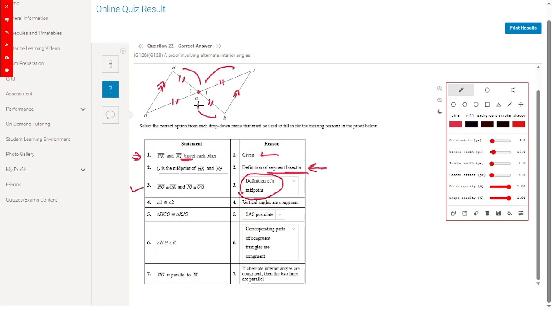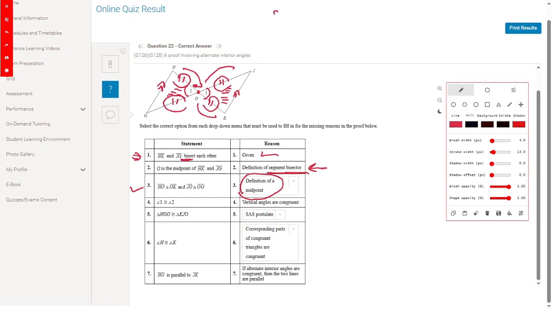Okay. So now for this triangle, I have this segment congruent to this segment, and this segment equal to this segment of the other triangle. Angle 1 and angle 2 are vertical angles, so they will be congruent and equal.